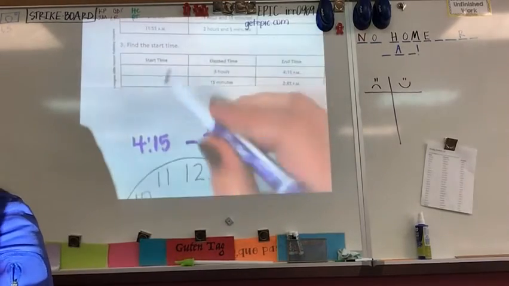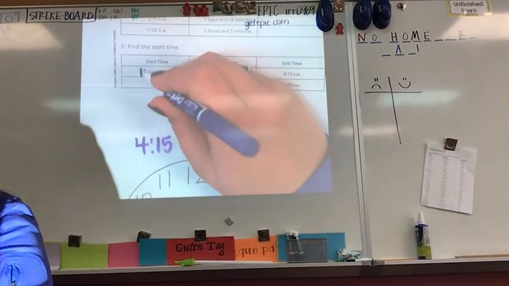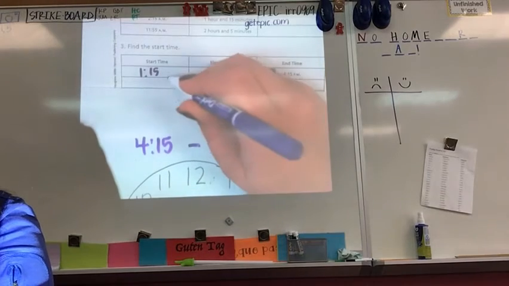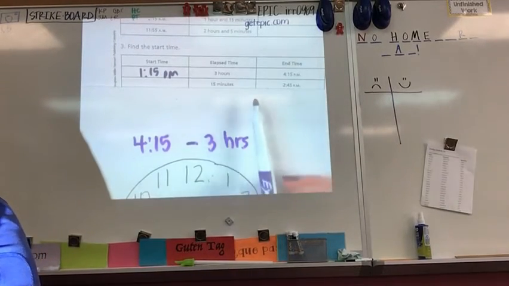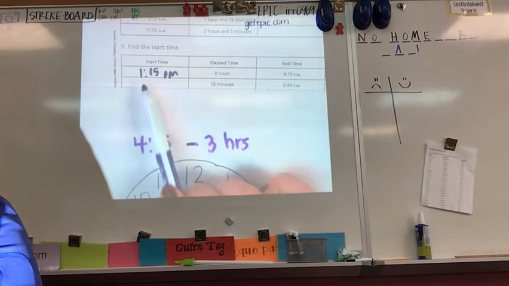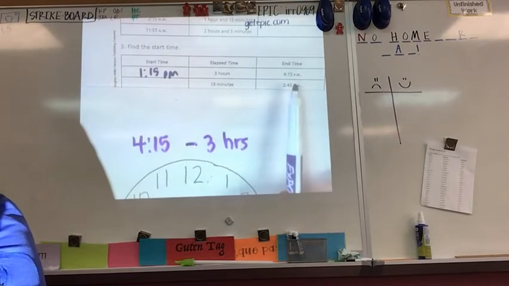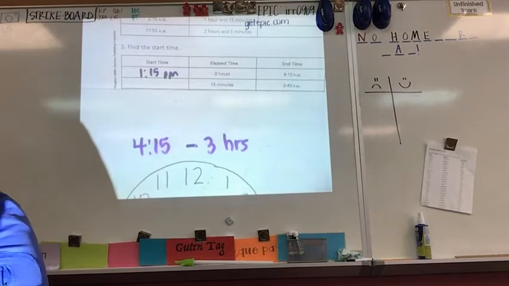Our starting time would be 1:15 p.m. Something to always double check on these ones is that our start time has to be earlier than our end time. So make sure that we are counting backwards on those.